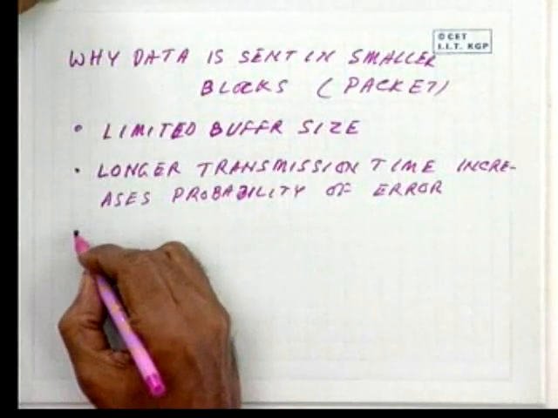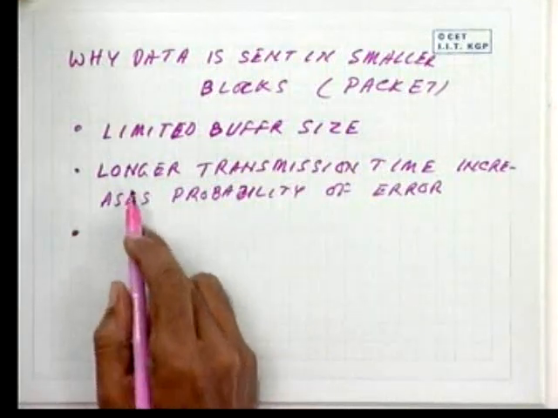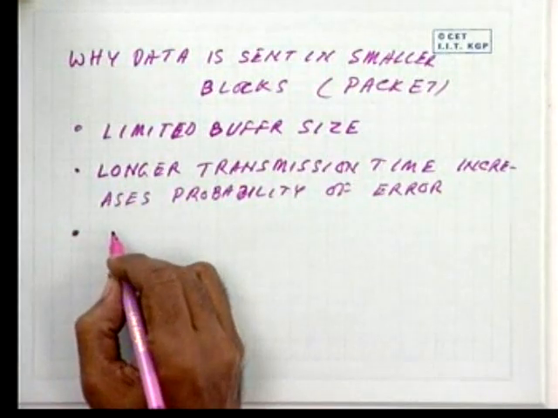So the smaller the size of the frame or packet, the probability of getting the frame in correct form is more. And that is one reason why it is preferable to have a smaller block size. Moreover, whenever there is error, the frame has to be retransmitted, and if the size of the frame is small, then retransmission time will be small, and so this also helps you to use a smaller size of block.